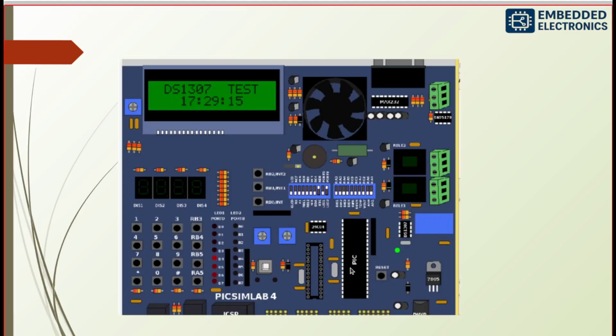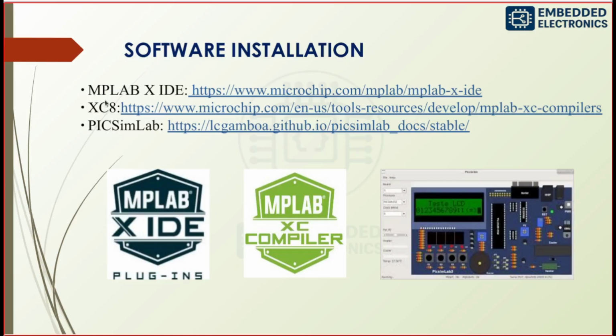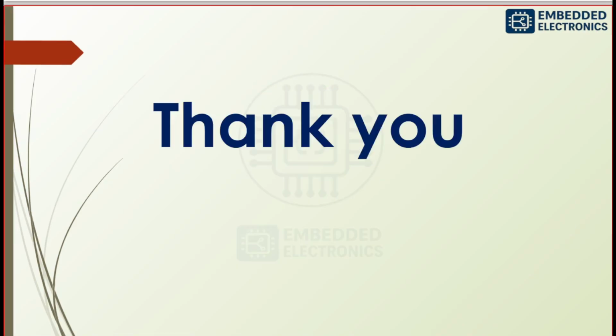So all are there in the PICSimLab board. You need to install these 3 softwares before going to the next class. So that's all about today's session. Thank you all.